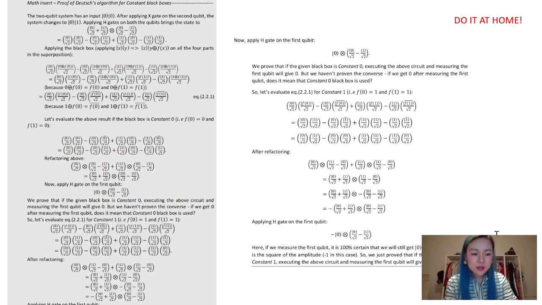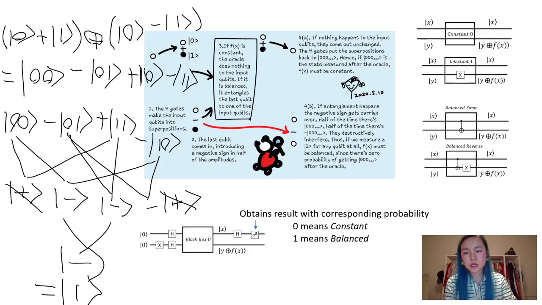About the Deutsch-Jozsa algorithm, is it just a theoretical algorithm, or has it been implemented? You can implement it. You can exactly write out those circuits, but it's not being used anywhere. That's the thing, because there's not a practical case where you need to find out if your function is constant or balanced.